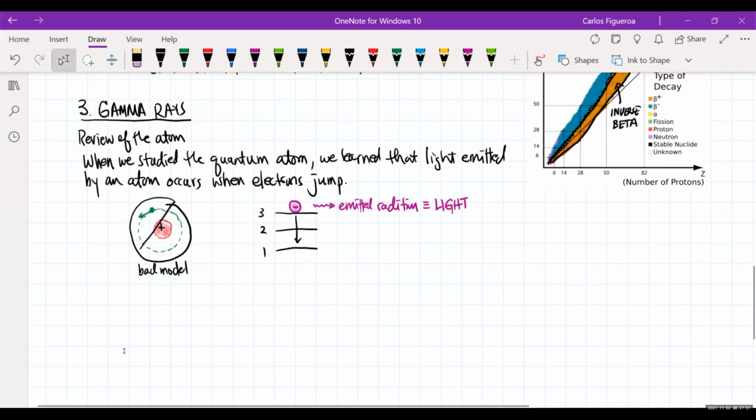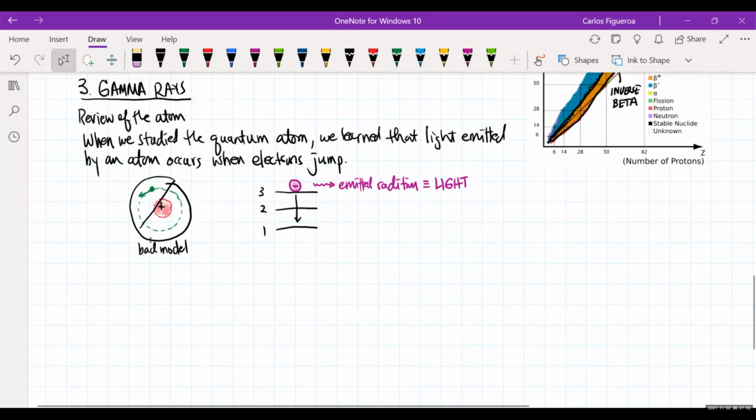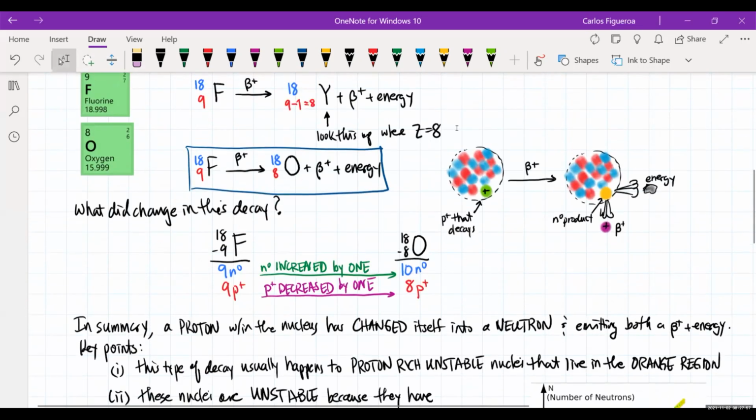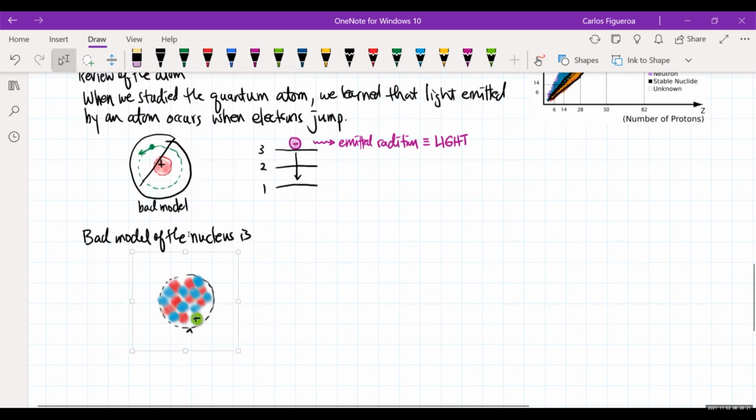Well, it turns out that we have the exact same type of thing. What I'm going to do here is copy this nucleus over here. So a bad model of the nucleus is this, right?